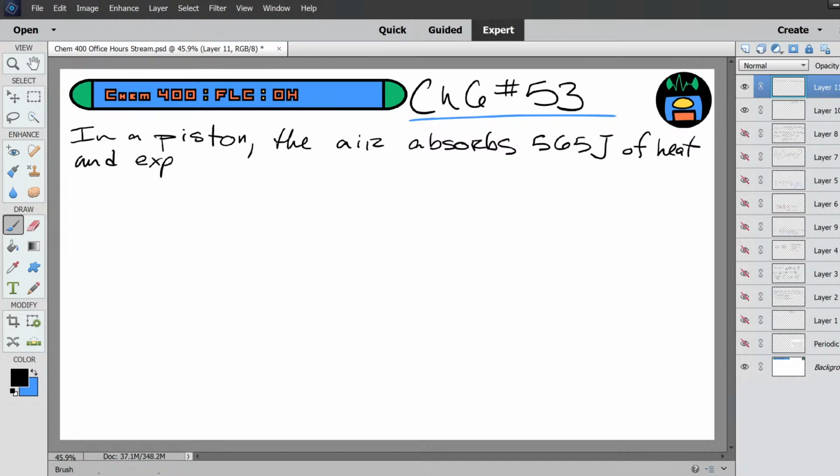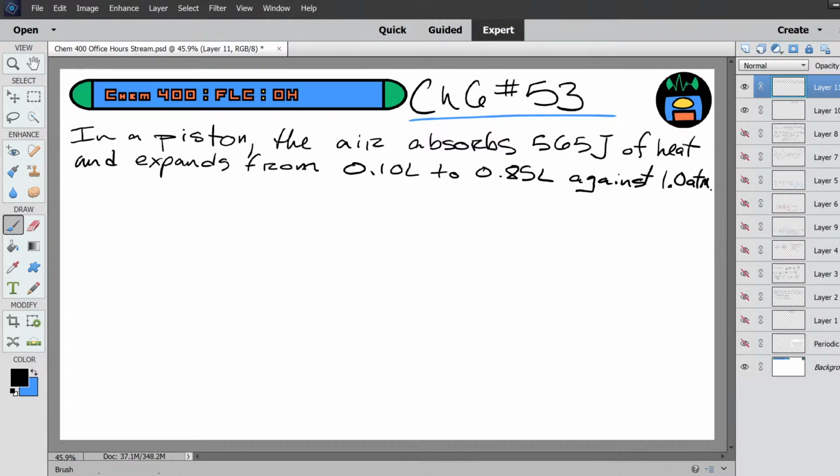And expands from 0.10 liters to 0.85 liters against 1.0 atmospheres of pressure.